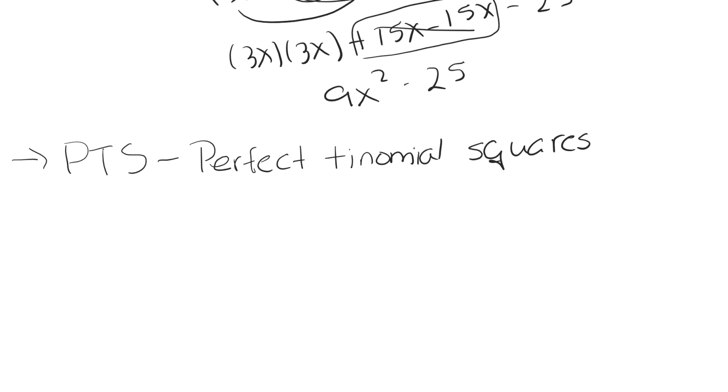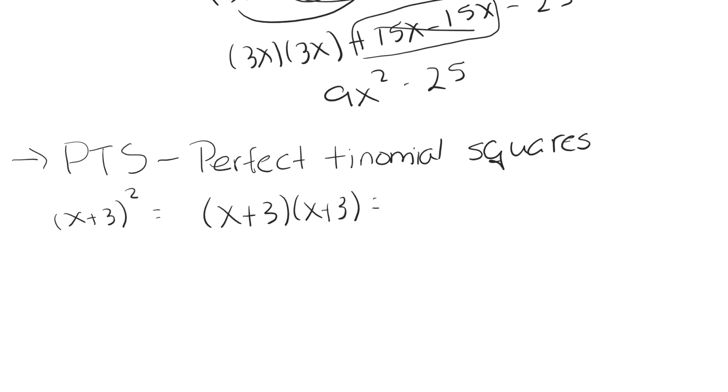And it looks like this. X plus 3 times x plus 3. Which is, by the way, the same as x plus 3 all squared.